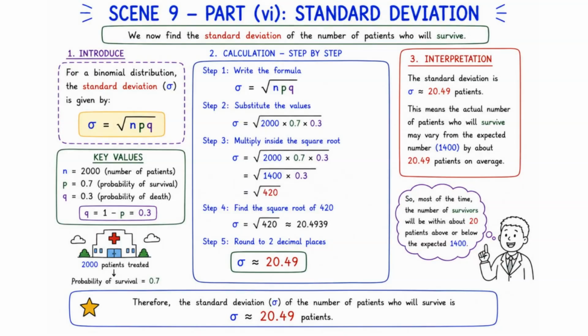Therefore, the standard deviation is 20.49 patients. This means that although the expected number of survivors is 1,400, the actual number will usually differ by about 20 patients above or below this value, basically. So that is how the answers are.